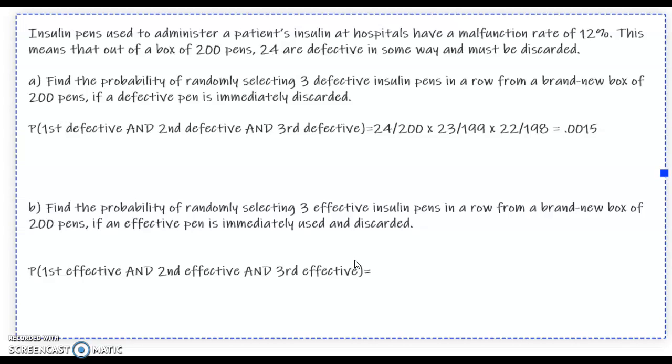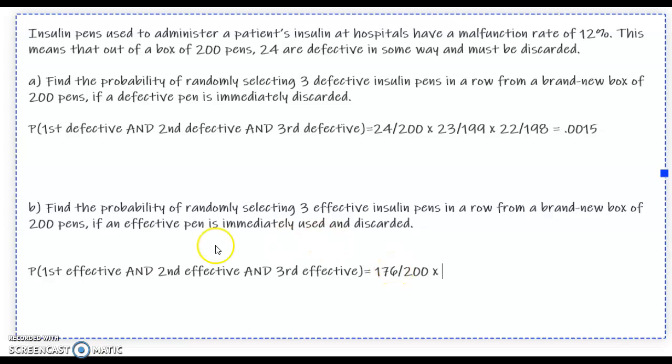So if I do 200 minus 24, I'm getting 176. So what's the probability of the first pen being effective? Well, I have 176 good ones out of 200. That's because I had 24 bad ones. So far, so good?